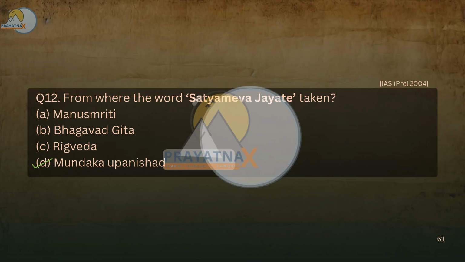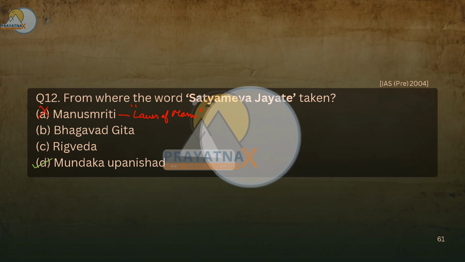Now, obviously, option A, Manusmriti, is not the correct answer since it deals with the laws of Manu. This was an ancient Sanskrit text and it works as a foundational work in Hindu law and social order.